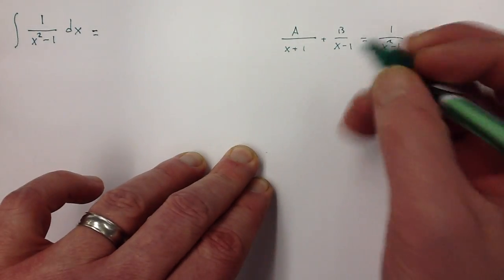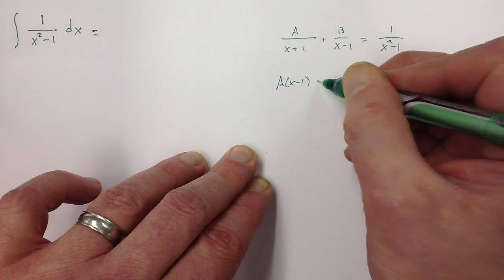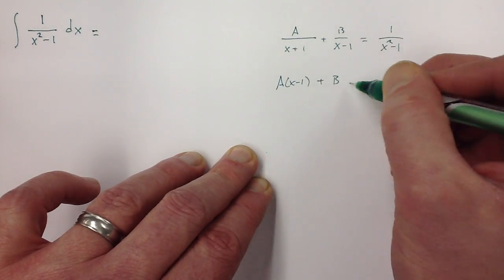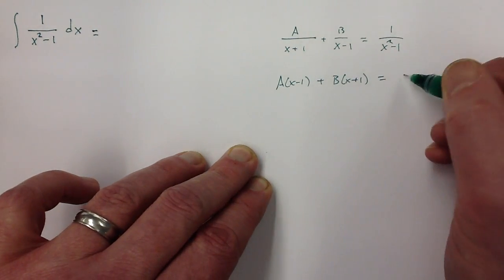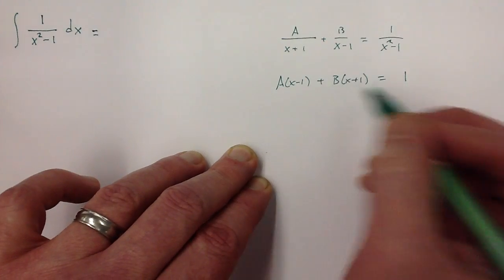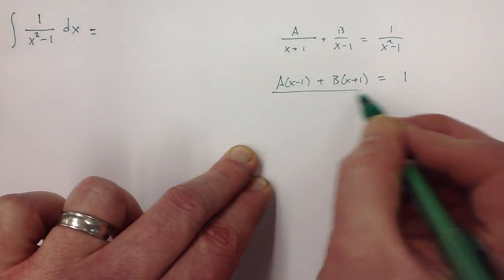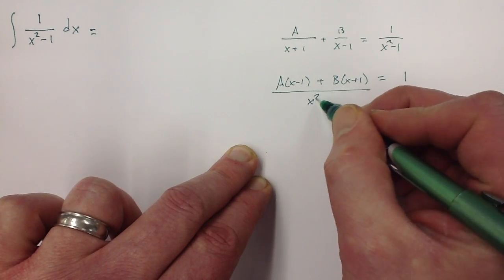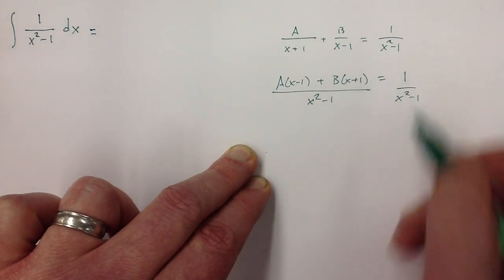So doing our multiplying here, that gives me a times x minus 1 plus b times x plus 1 must be giving me the 1 that's on top there. You can put the denominators in if you want, but they're the same, so it doesn't really matter. Say it's over my common denominator. So this must be giving me the 1.